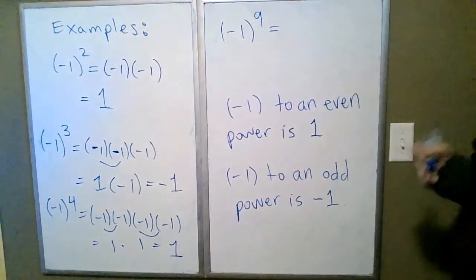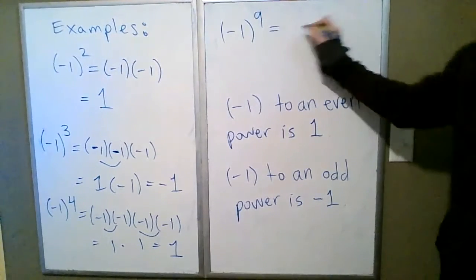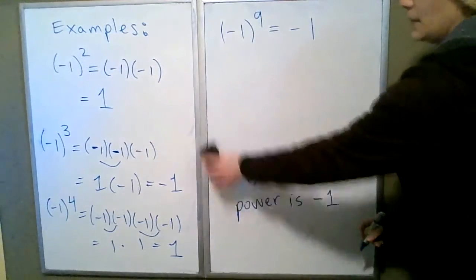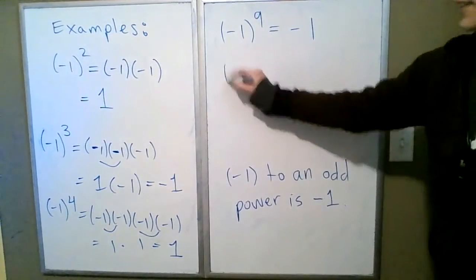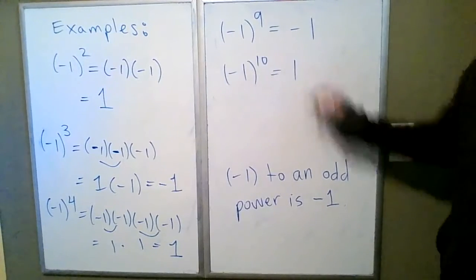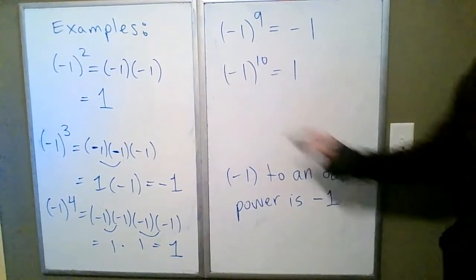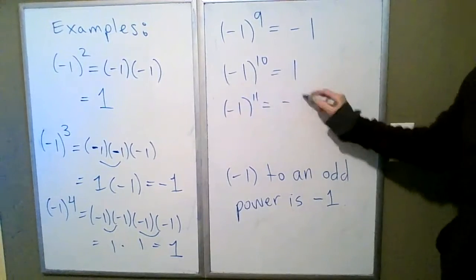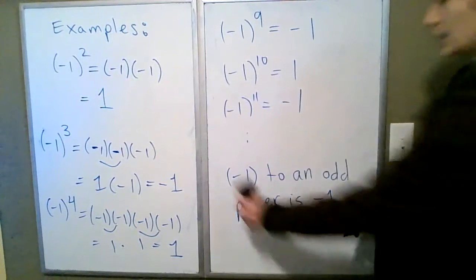Let's skip to -1 to the 9th. Nine is odd, so it's going to be a -1. Then -1 to the 10th. It's +1. -1 to the power of 11. You're back at -1.